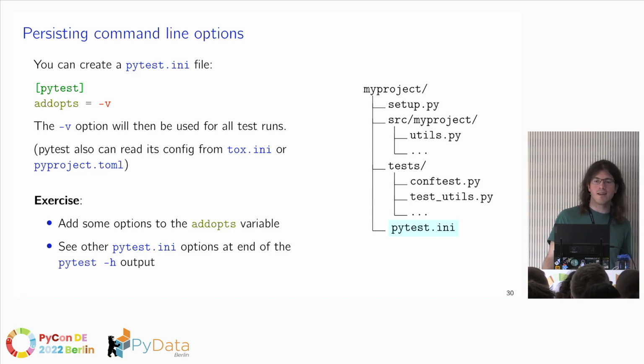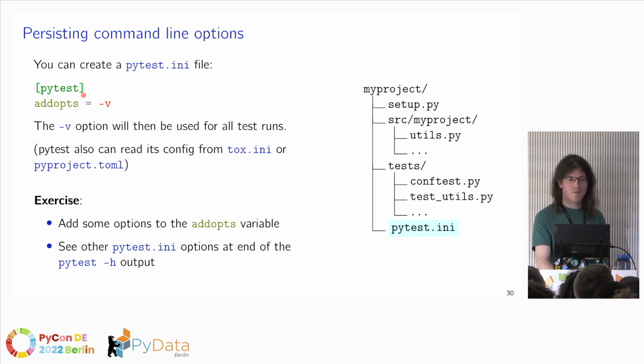So, as I said, there's this ini file with kind of key equals value configuration options. It needs to have this pytest header in square brackets, because that's just the ini format. And then different options in there. Again, pytest -h will print you a giant list of all available options.